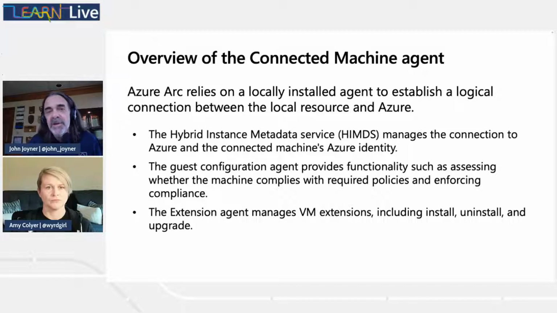It's the same number of processes and essentially the same named processes, whether it is a Windows server or a Linux server. Linux servers have 3 daemons. Windows computers have 3 services, and the 3 services and the 3 daemons do essentially the same functions that are described in this slide.